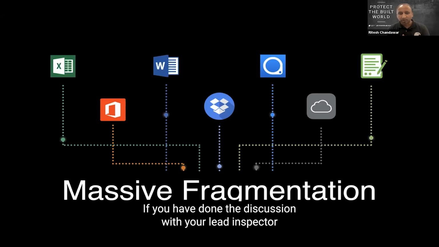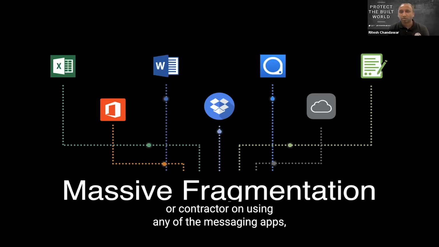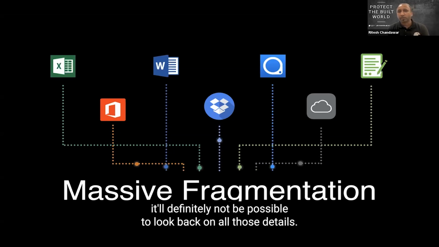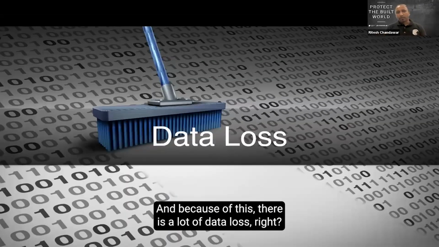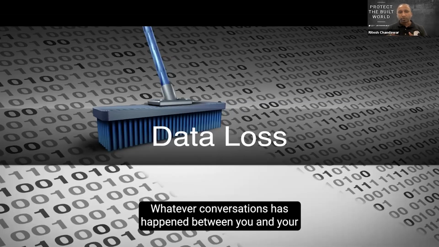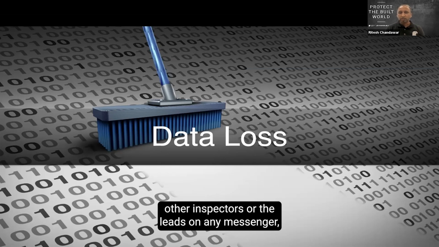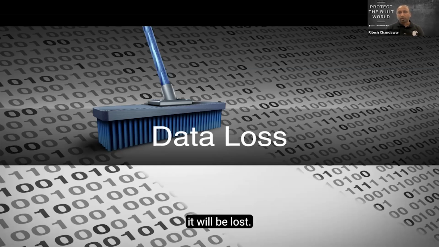If you had the discussion with your lead inspector or contractor on any of the messaging apps, it will definitely not be possible to look back on all those details. And because of this, there is a lot of data loss, right? Whatever conversations have happened between you and your other inspectors or the leads on any messaging app will be lost.